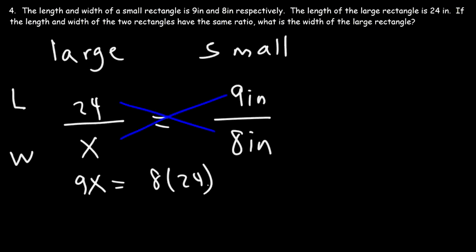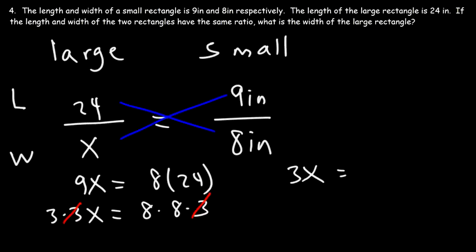So 8 times 24, actually before we do that, let's write 9 as 3 times 3, and 24 as 8 times 3. Because this will help us to give our answer as a fraction, so we can get an exact answer as opposed to a decimal value. So right now we have 3x on the left, 8 times 8 is 64.